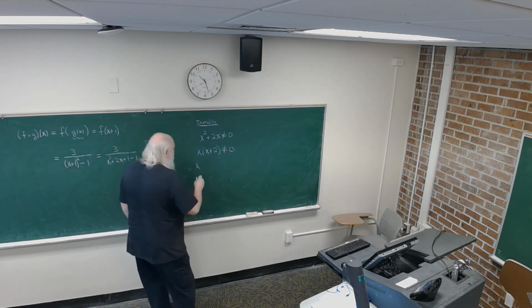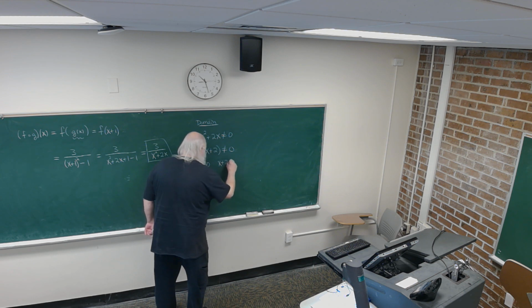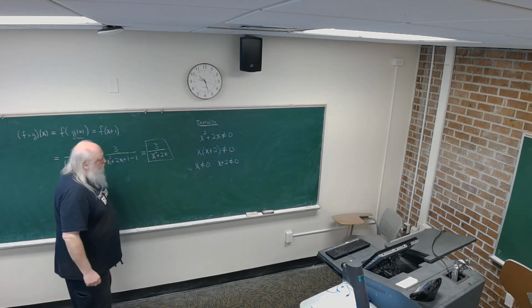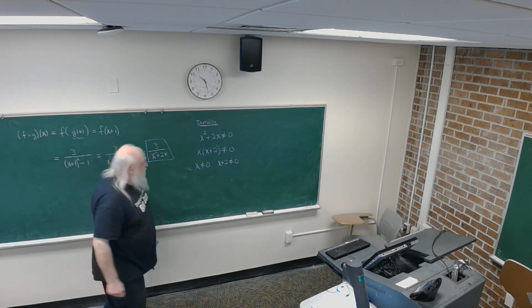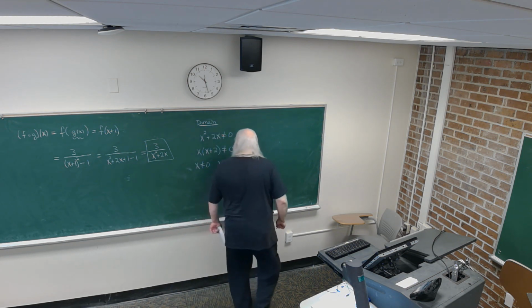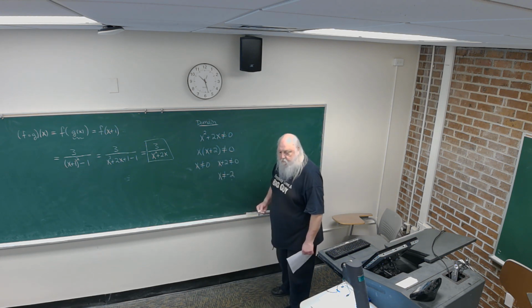So the first factor can't equal 0, and the second factor can't equal 0. The second equation, when you solve for x, you get x can't equal -2. So the domain is all real numbers except for 0 and -2, right?